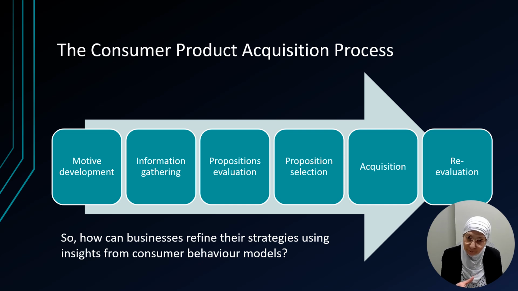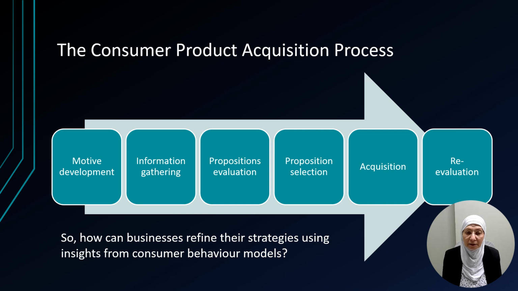So this model is quite linear, quite rational, suggesting that we are always quite involved in what we are buying, and we are utilizing our thinking and previous experiences and collecting data, researching rationally before we make a decision. But that might not be the case, as we will see in a minute.